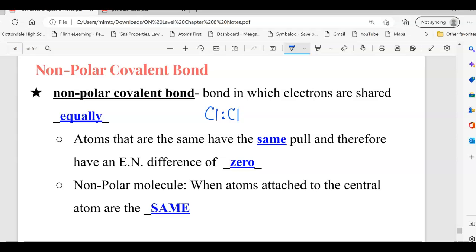In this case, we have identical atoms, and so the pull or the electronegativity is going to be the same. So the electronegativity difference is 0, which means that the electrons are being shared perfectly equally in the middle. And so that means it is a nonpolar bond. For a nonpolar molecule, you would want to have an atom, and then everything attached to the atom is exactly the same. So everything around the central atom is exactly the same.